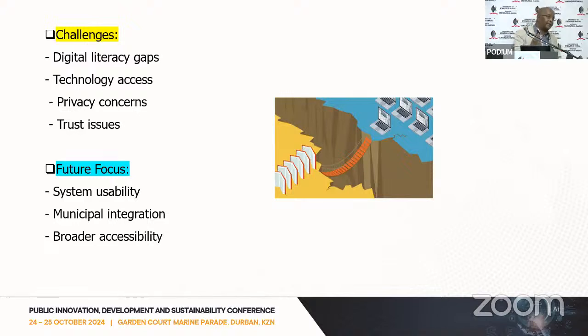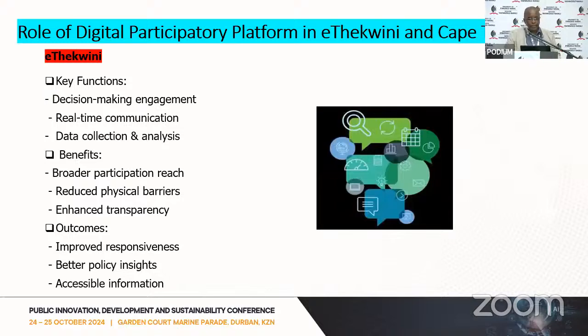There is also the issue of the trust deficit; otherwise we wouldn't have the multiplication of protests if those platforms were working. What is the role of these digital platforms? They increase decision making. Hence, we indicated that local government exists in order to improve interactive governance.